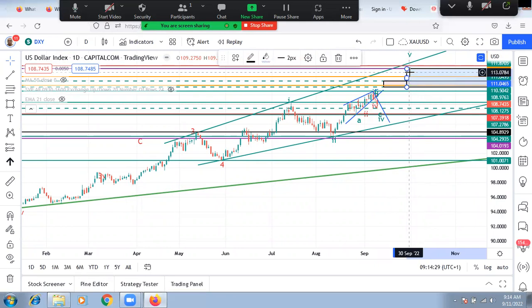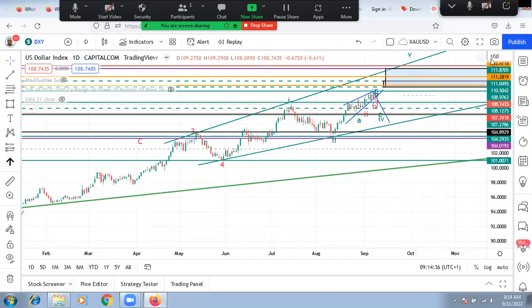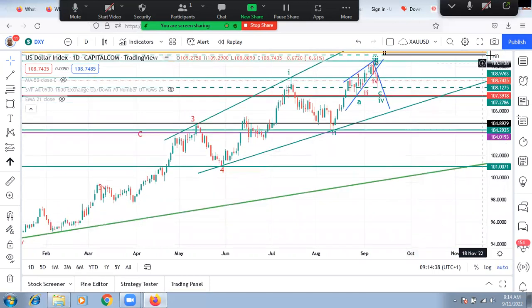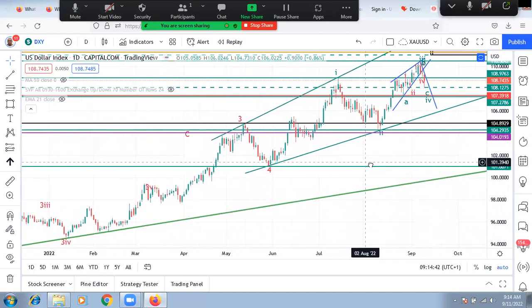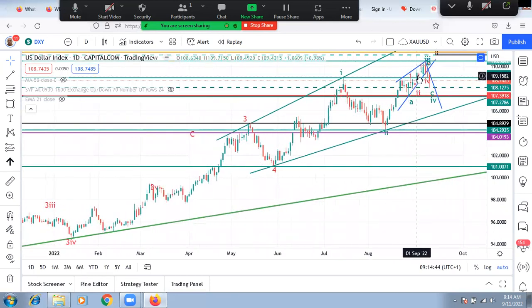Which scenario is going to play out? So it's an ending structure inside an ending structure. Obviously this one is correct for a 1 and a 2.